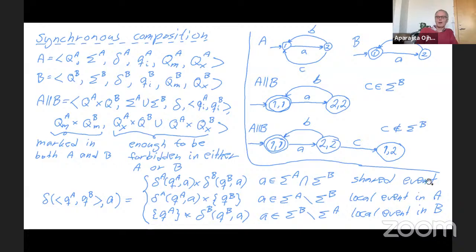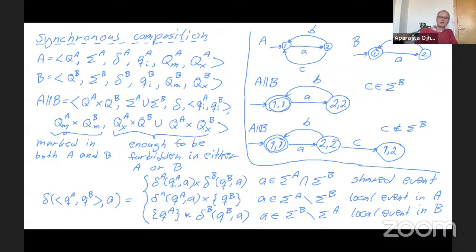So once again, if you have a shared event, then you need to make a transition in both A and B. While if it's an event that is local only in A, then what should you do with B? Well, you stay where you are. You keep the current state in the B automaton, while you make a transition in the A automaton. And the opposite, if it's a local event in B, you make a transition in B and you stay where you are in the first automaton.